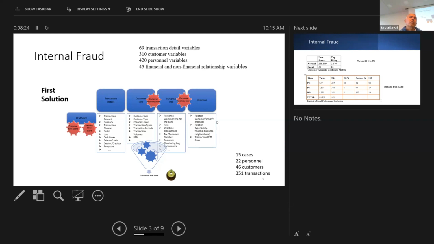So first we prepared some data mart from some data about transaction details, about the customers involved in this process, about the personnel, and about the relations between the money sender and money receiver.